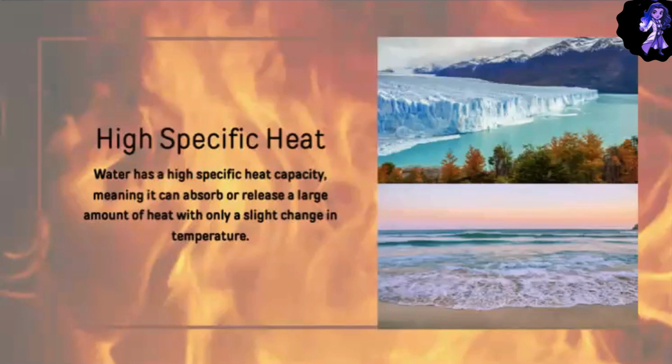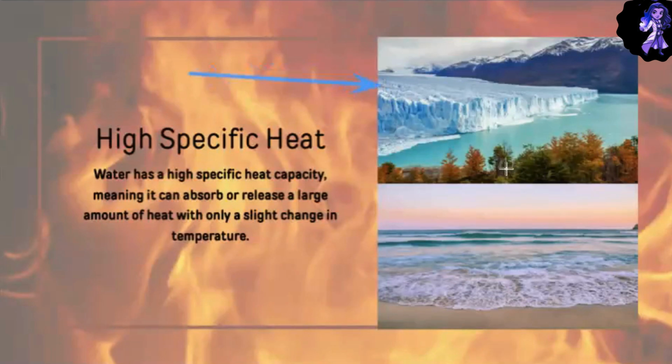Now, when we talk about specific heat, we're talking about the ability for water to change temperature. Water has a very high specific heat, so it can absorb or release a large amount of heat with only a small change in temperature. An easy way to think about this is to think about a glacier.